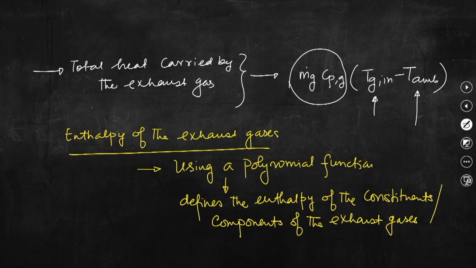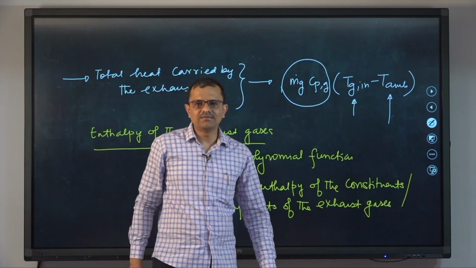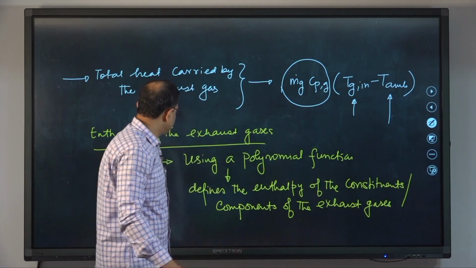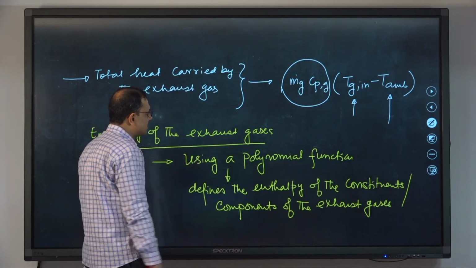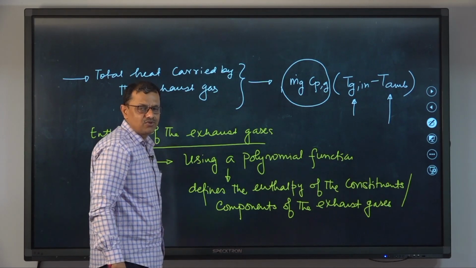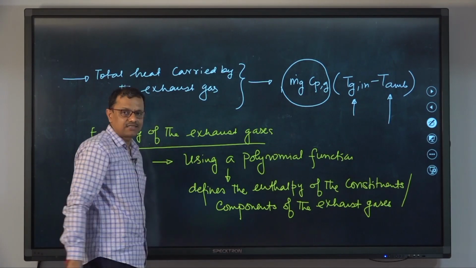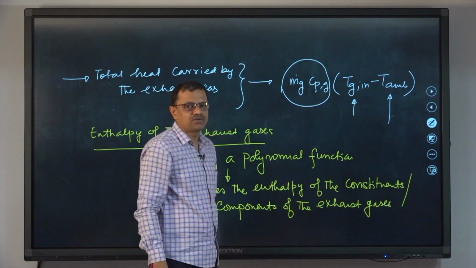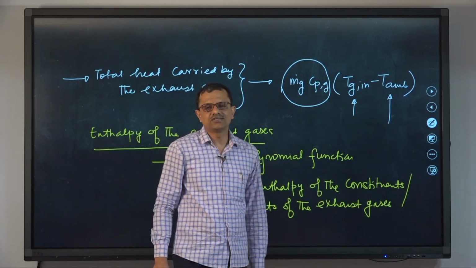So, that means either we can use exhaust calorimeter to estimate the loss of energy, otherwise we can define mathematically a polynomial function, and that polynomial function can be used to measure the enthalpy of the exhaust gases, because the polynomial function defines the enthalpy of the constituent or components of the exhaust gases.